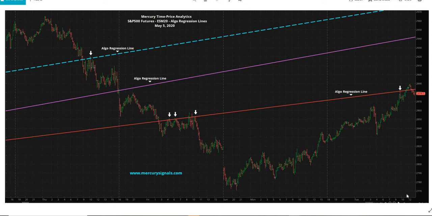It's not a cycle. This is linear. And so pivots that you get for free, there's a reason we charge for this. There's also a reason that you can get a billion different websites that give you pivot levels for free. They're useless. Pivots based on numbers, on price, are useless.